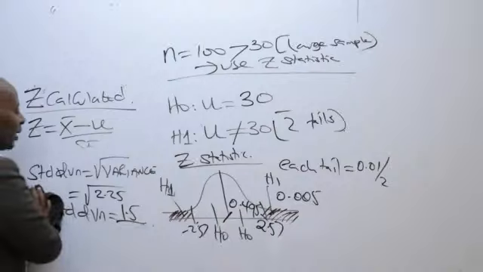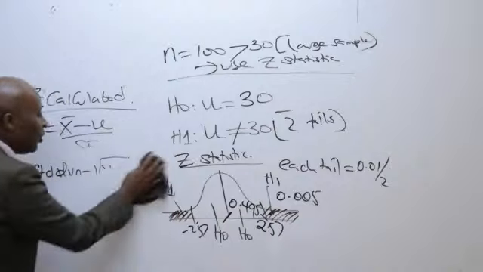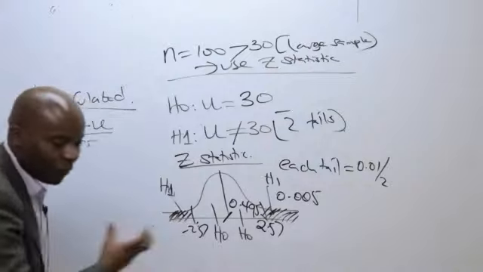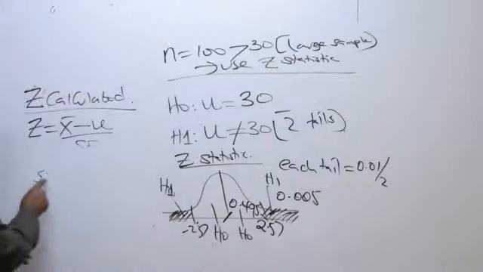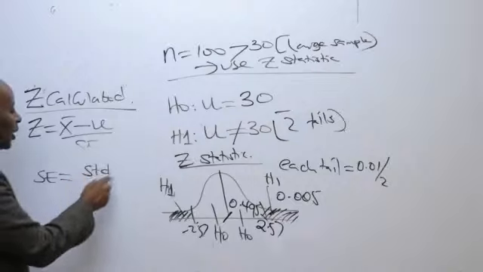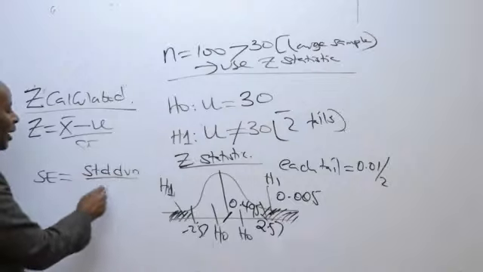Now, ladies and gentlemen, having gotten that standard deviation, I know where I'm going to feed this. I want to get the standard error of my sampling. I know the formula. It is standard deviation divided by root of n.